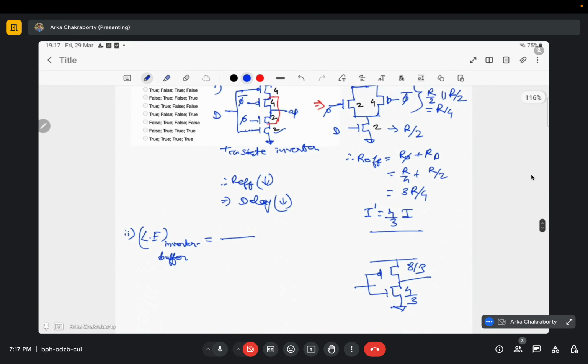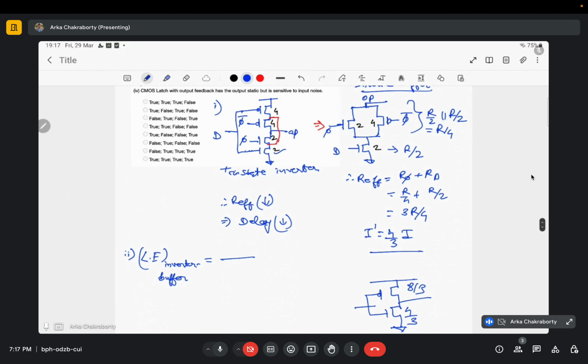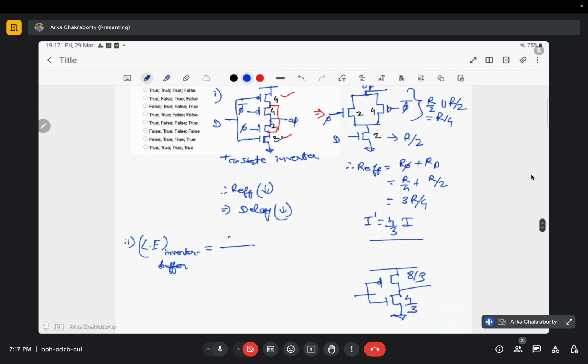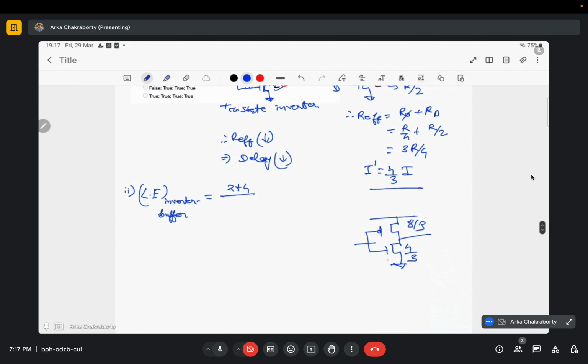Let's see here. Okay, so D will be connected to this 2 and this 4, right? So 2 plus 4 divided by here 8 by 3 plus 4 by 3. So 12 by 3 is 4. So 6 by 4, 3 by 2.